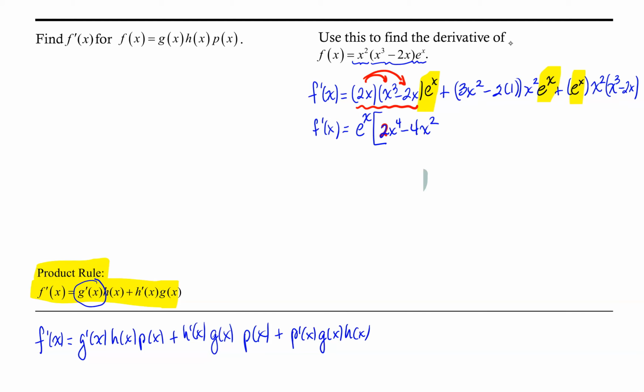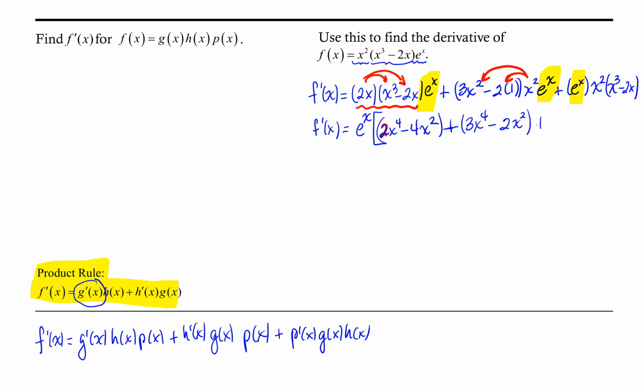Moving on to our next term, plus 3x squared minus 2 times x squared. Let's go ahead and use the distributive property on that, like so. So rather than what I have there, we would have 3x to the fourth minus 2x squared.